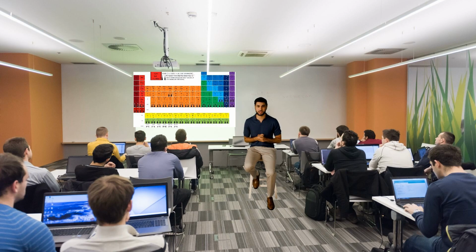Ionization energy, which is the energy required to remove an electron from an atom, increases across a period and decreases down a group. Electron affinity, the energy change that occurs when an atom gains an electron, tends to become more negative across a period.